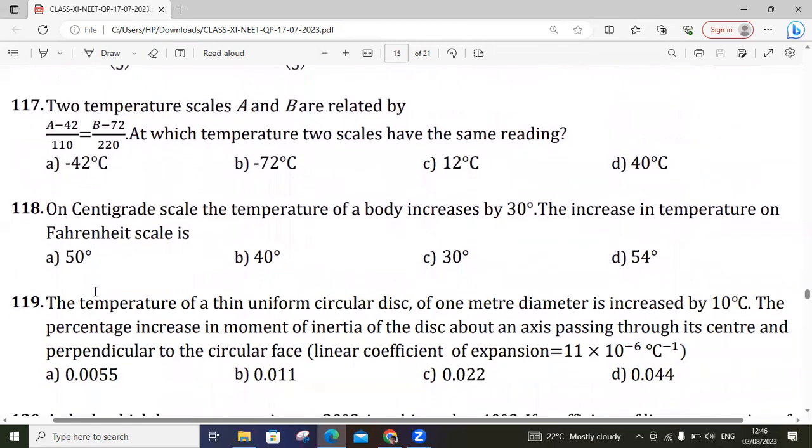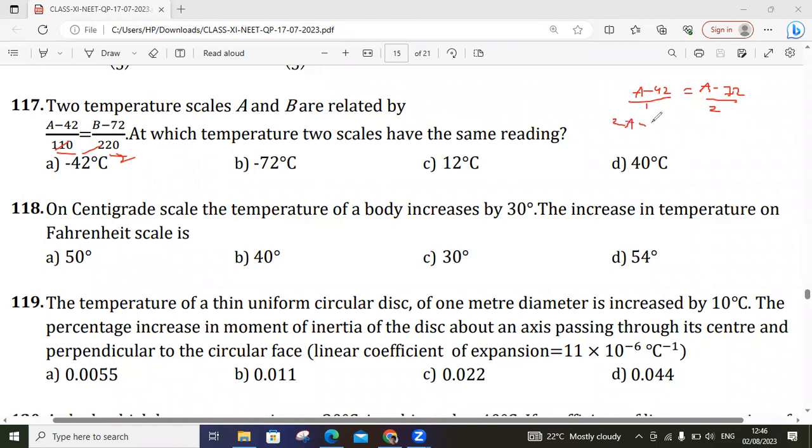117. So if you see 117 problem, two temperature scales A and B are related by A minus 42 over 110 and B minus 72 over 210. At which temperature will both have the same reading? A equal to B. Both should have the same reading, so A equals B. Ones and twos cancel, so there will be two here and one here.